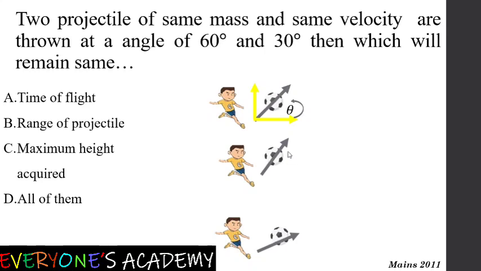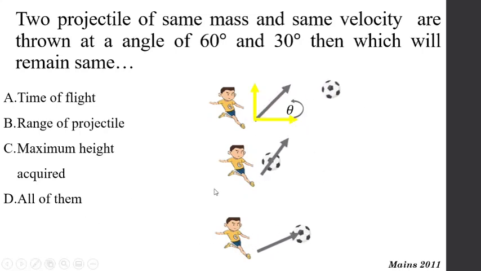In this case, the height will be more as compared to this, and the time of flight will also be more in this case if compared with this. So time of flight and maximum height are different, whereas the range of the projectile is the same. So here the correct option will be B.